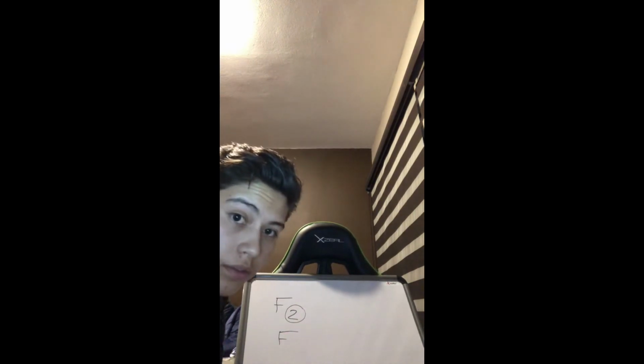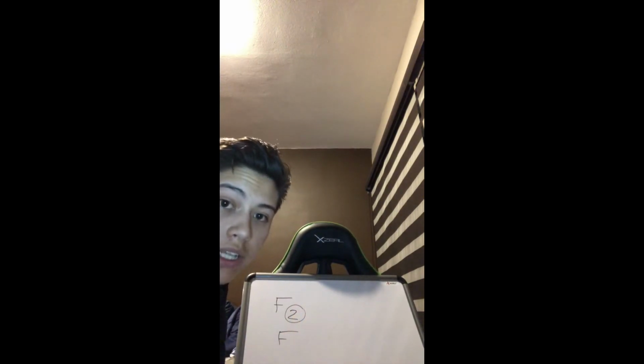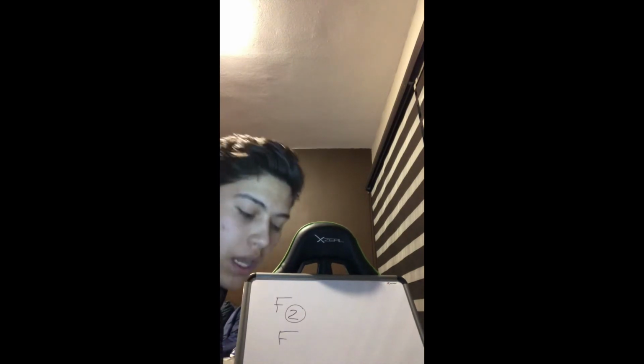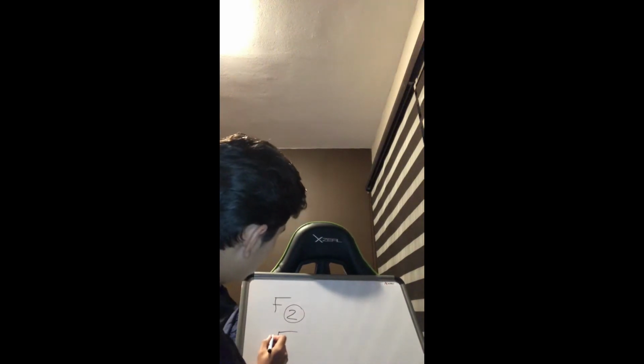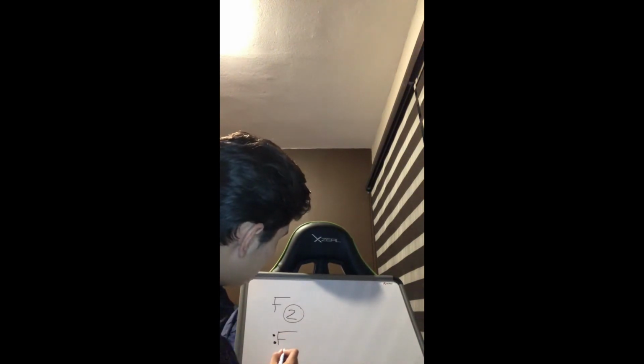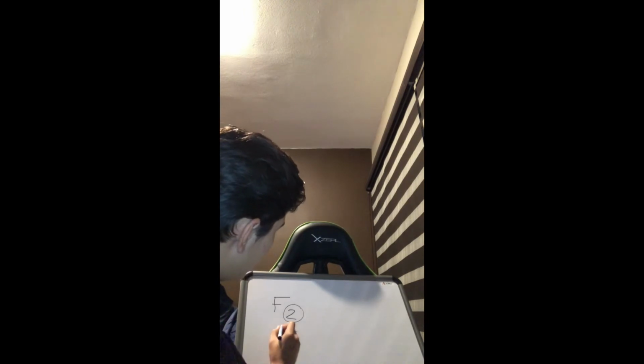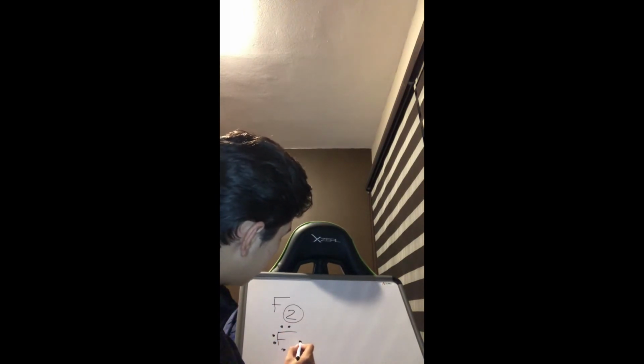So we are going to write here our F from fluorine, and with dots we write the valence electrons that fluorine has. So we're going to put 1, 2, 3, 4, 5, 6, and 7.